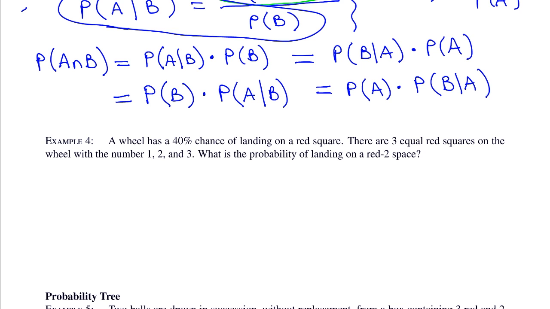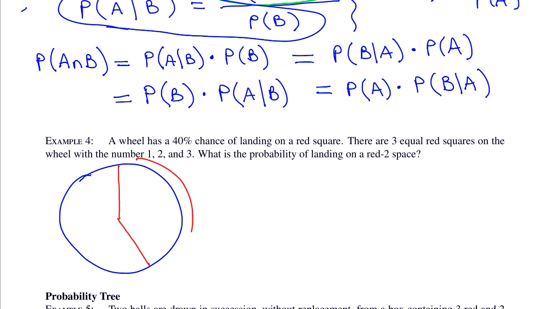Square, space, whatever. Yeah, sector, could be that. So here's your wheel. And we don't know much about this wheel. We only know a few things, but we know enough. We know that we have a 40% chance of landing on a red space. Let's say space. So 40%, 50 is half, so let's say, does everybody buy that that's 40%?